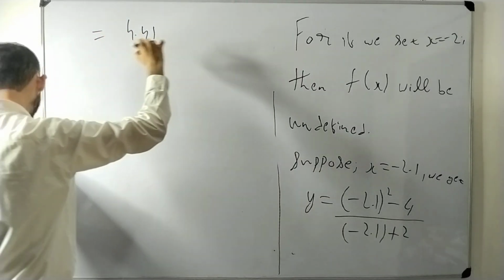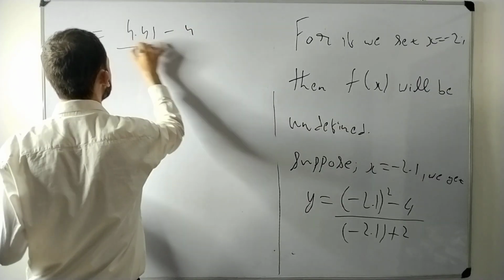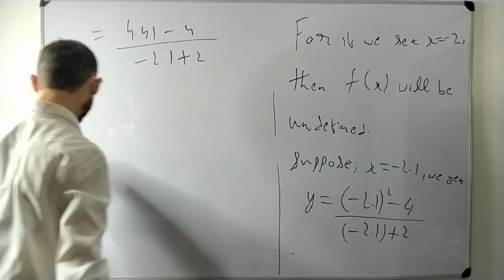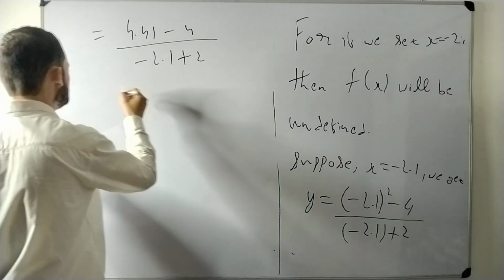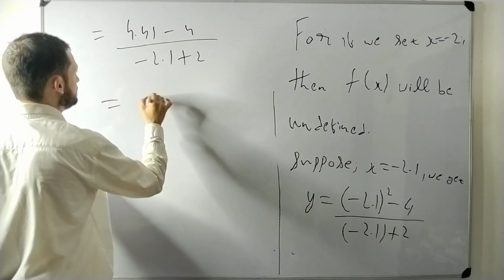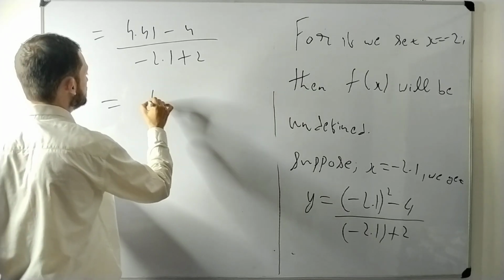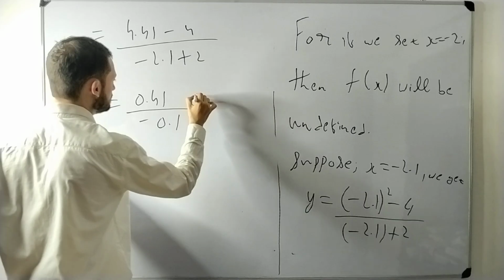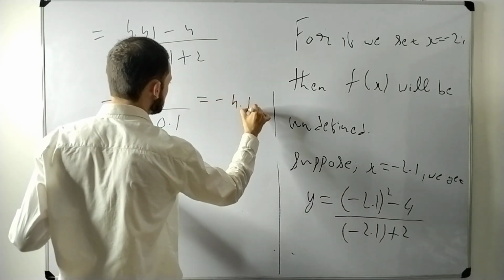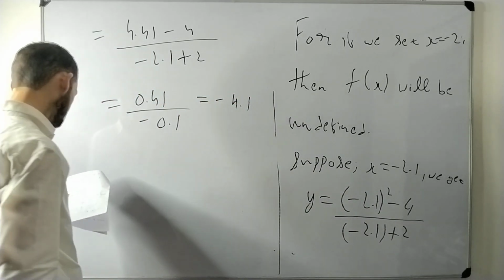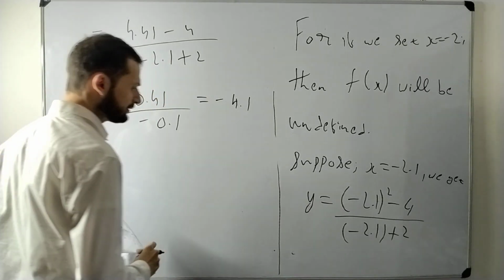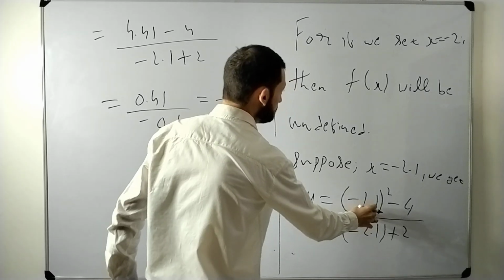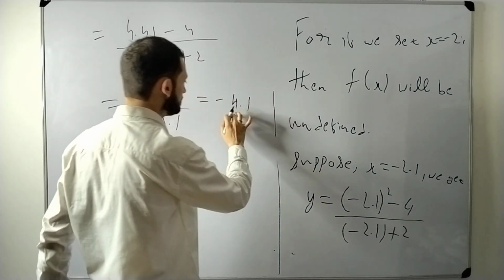So we get 4.41 as the square, this is plus 8.4, and this is plus 2, so y is minus 4.1, right, students? So you slightly change the value from minus 2 to minus 2.1, and this answer is becoming very different.